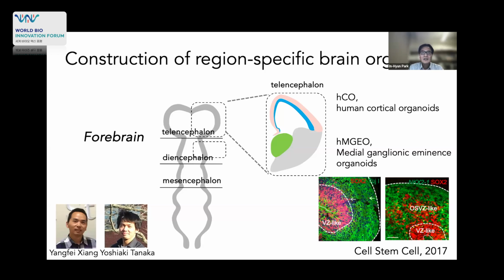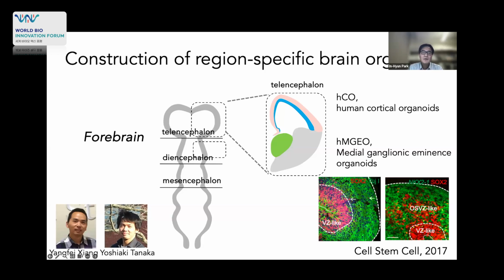Later, Dr. Chang Pak will introduce the morphogen gradient to induce the different neural axes of brain development. But today I'm just going to introduce the dorsal-ventral part of brain development.